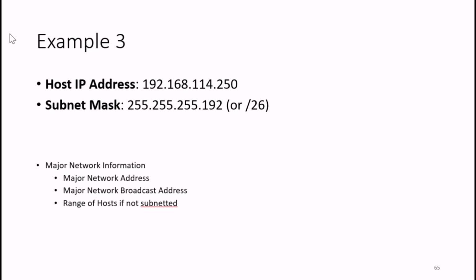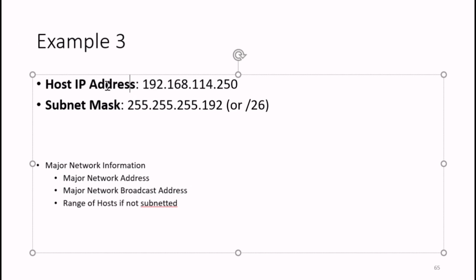So first you need to find the major network information. For the major network address, because it starts with 192, this is a class C IP address.